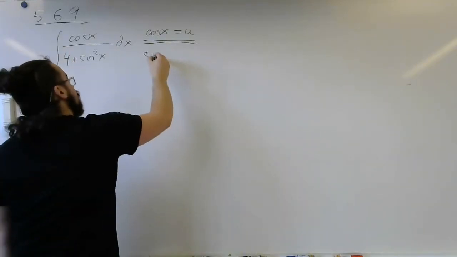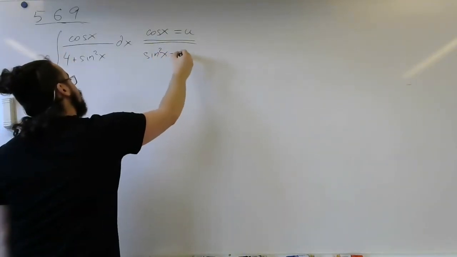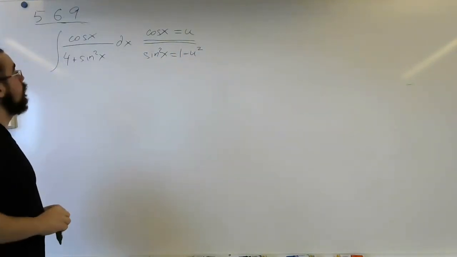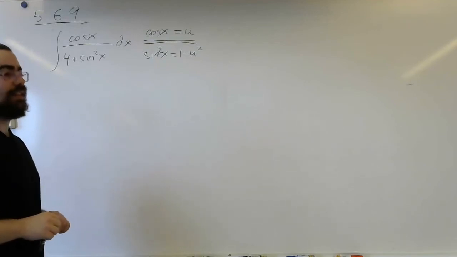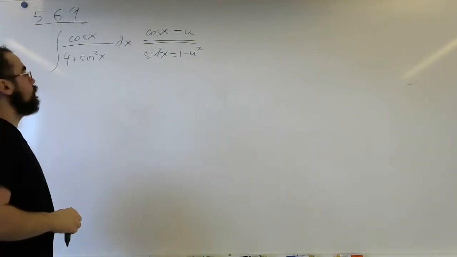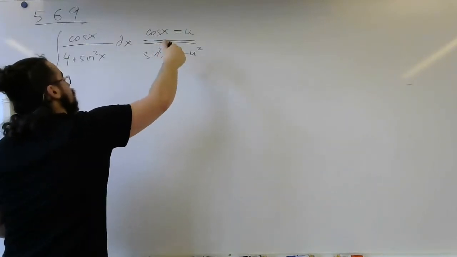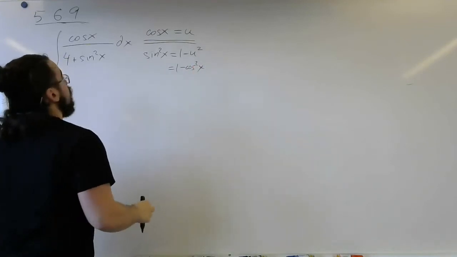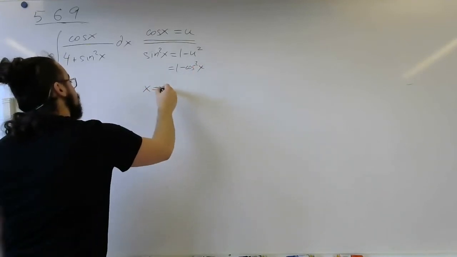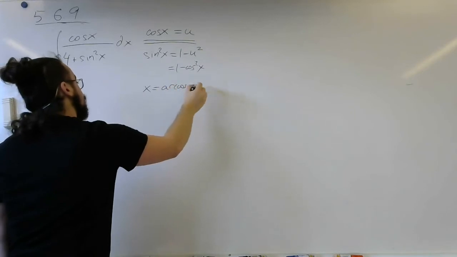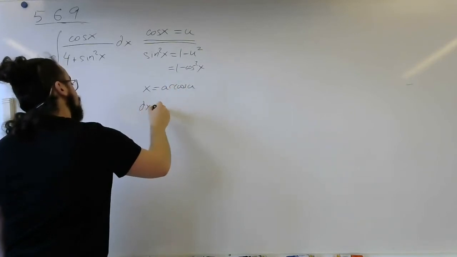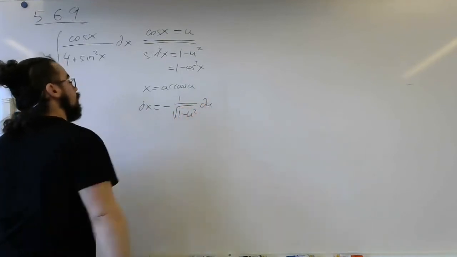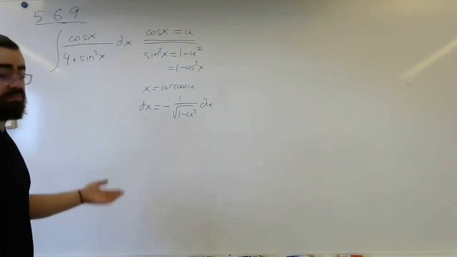Here, the sine square is 1 minus u squared. Again, trigonometric identities. So x is arc cosine of u. So the differential of x is minus 1 over the square root. This thing right here, it doesn't look too good.